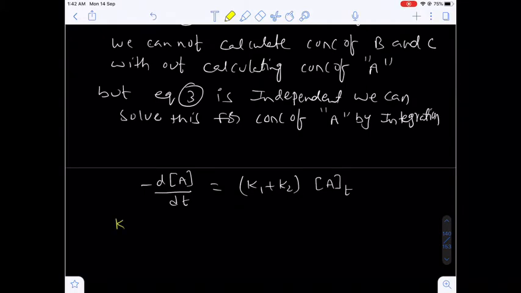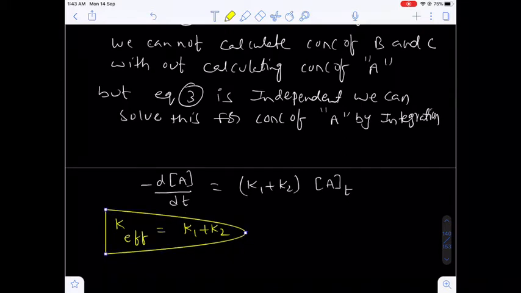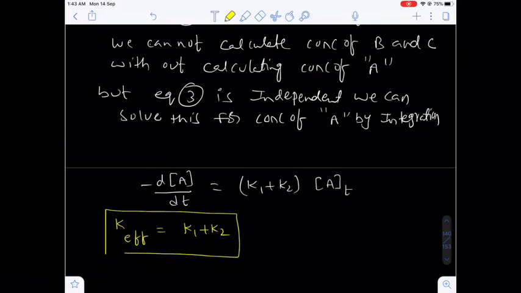Here K effective, that means the overall reaction rate constant, will be equal to the algebraic sum of the individual rate constants. Are you getting my point? This is called the effective rate constant.